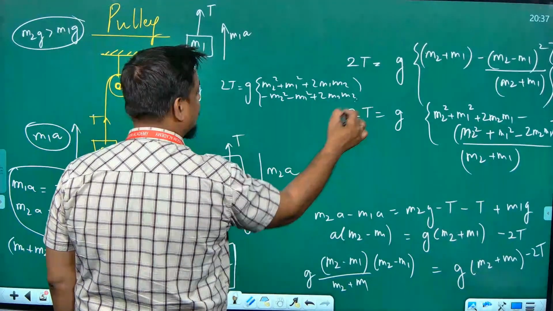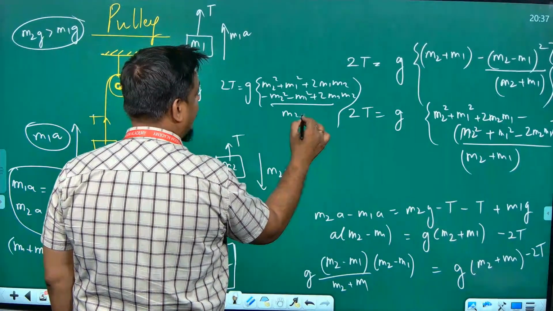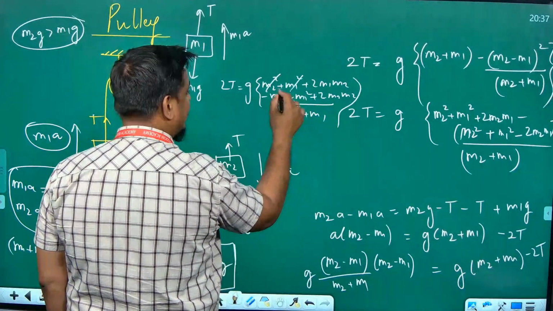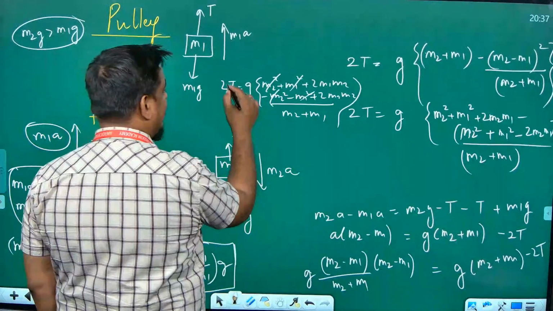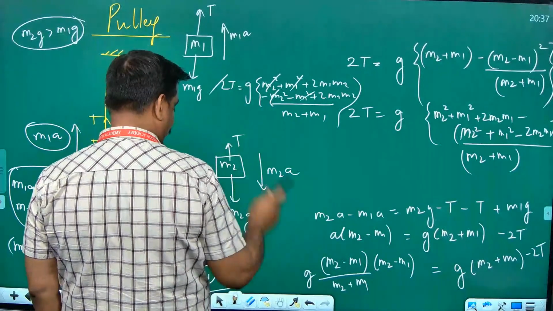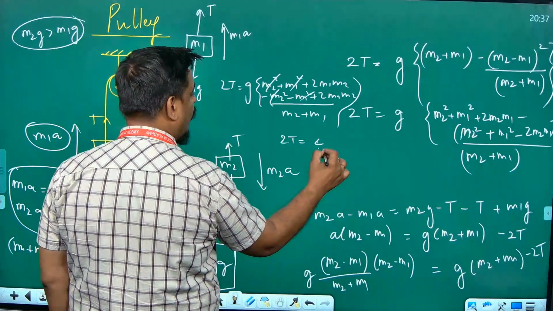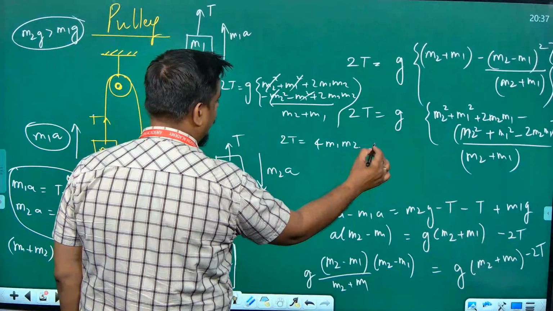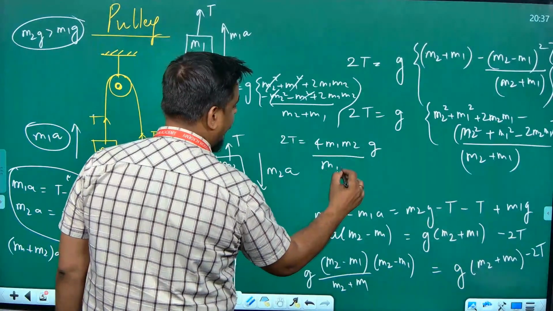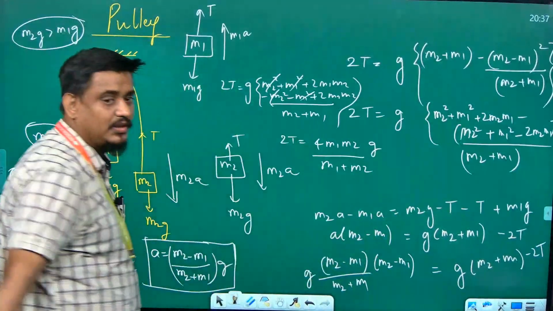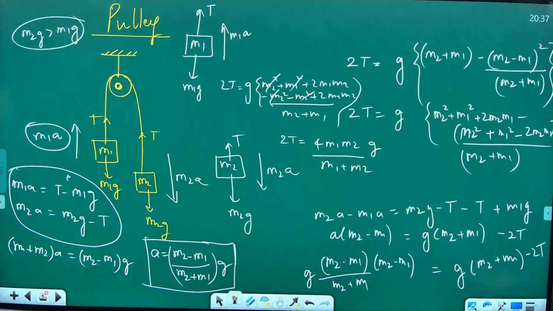Okay, answer is coming. Have patience. Divided by (m2 plus m1). These two get cancelled. That is, if you don't want to cancel that, you can write 2T is equal to 4 m1 m2 into g by (m1 plus m2), isn't it? 4 m1 m2 into g by (m1 plus m2).